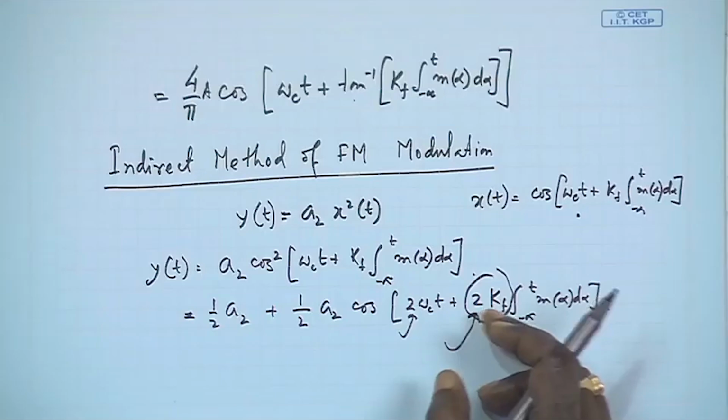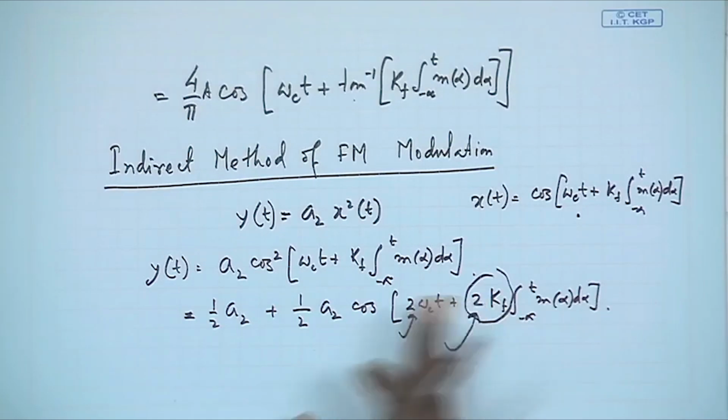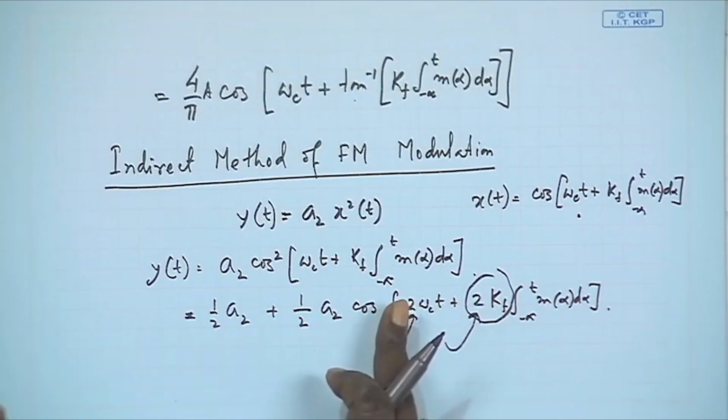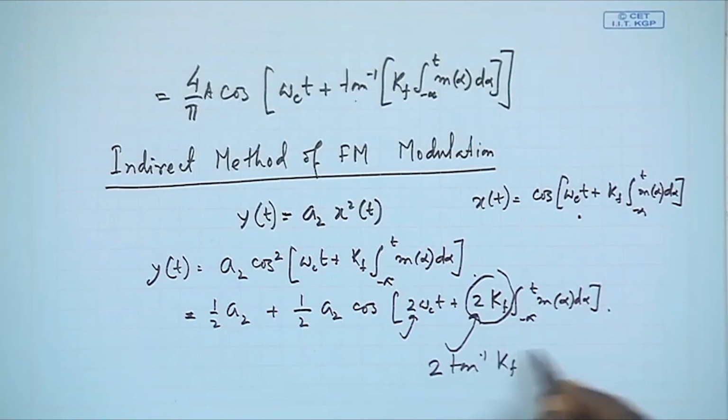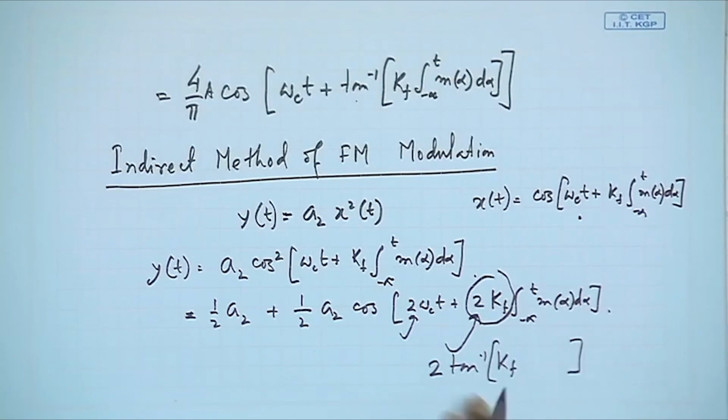Okay. So, it will keep on happening, and the good part is, if it is tan inverse, the 2 will be outside, remember that. So, this 2 remains outside, and then you will have this tan inverse, this kf into this part. Inside tan inverse, it is still that narrowband FM.